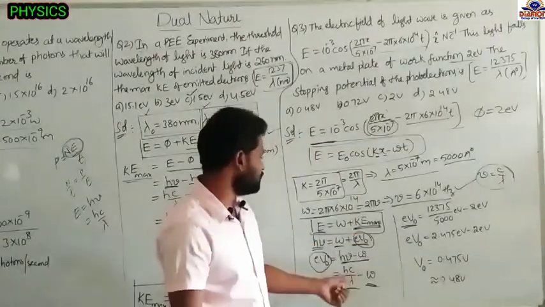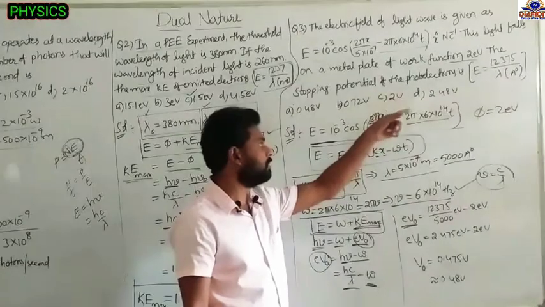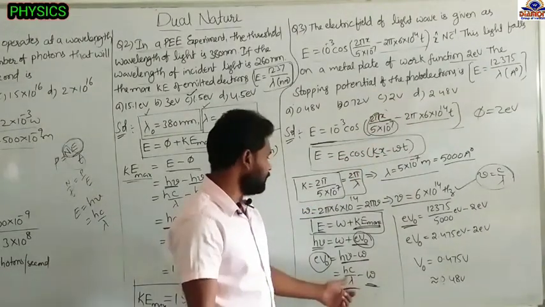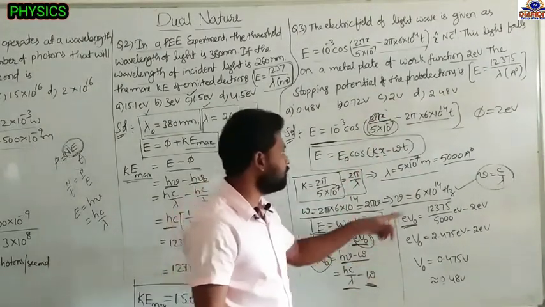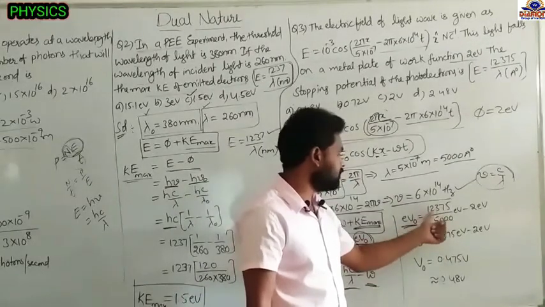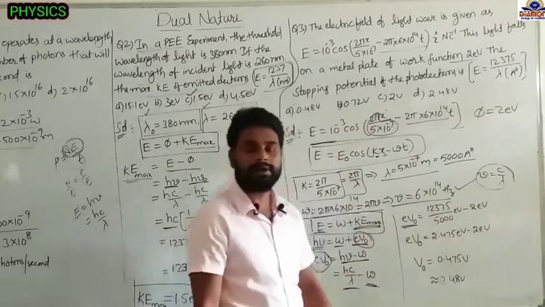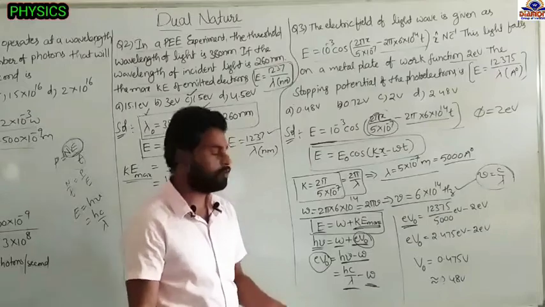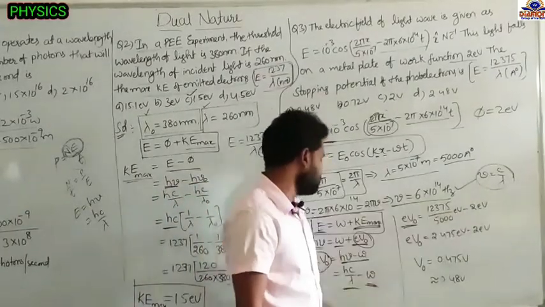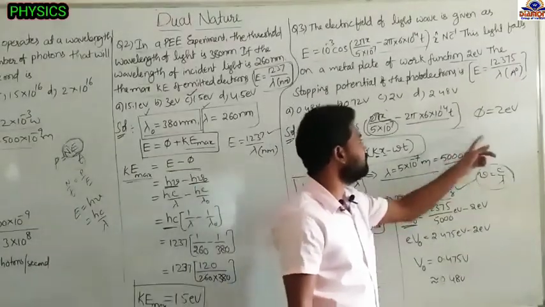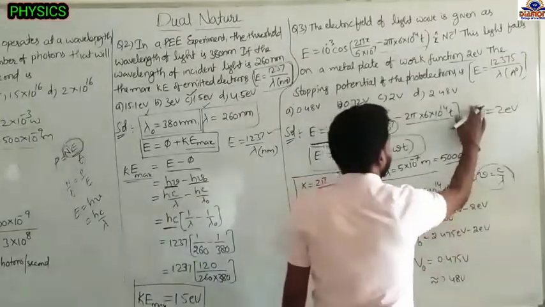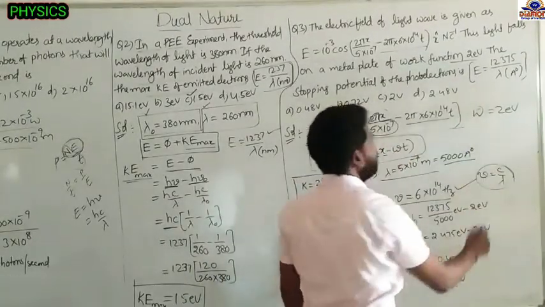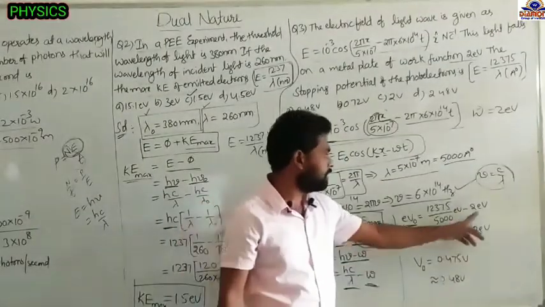Now EV naught equal to hc value is 12,375 by lambda. In terms of the angstroms we have to take 5000 angstroms, so 12,375 by 5000, but the unit of the energy is electrovolt, so electrovolt, minus work function they given, work function phi or w, so here I write w equal to 2 electrovolts, so minus 2 electrovolt.